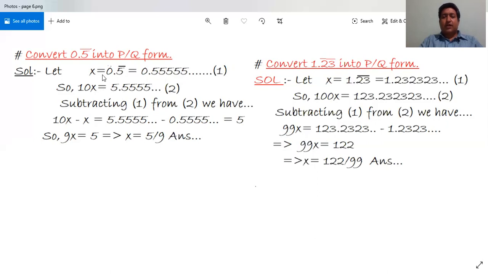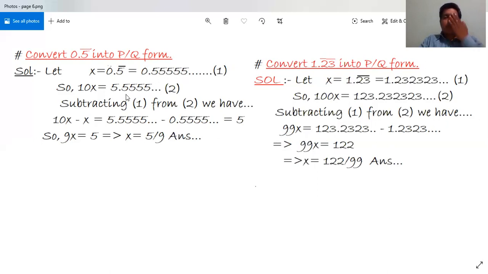So if you multiply 10 with x, we get 10x. And if you multiply this number 0.55555 by 10, you get 5.555. So it has the decimal digits repeating, and it is the same as equation 1.